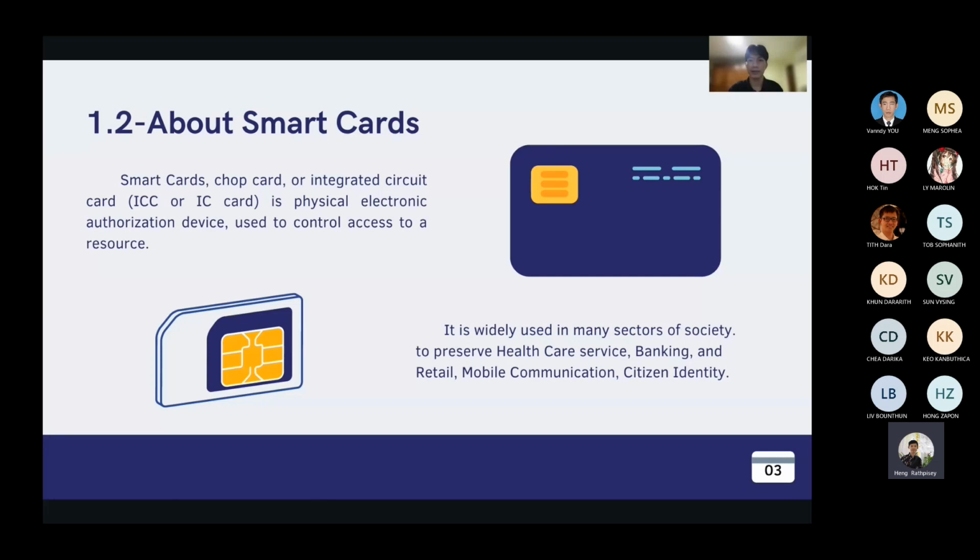It is widely used in many sectors of society, especially healthcare service, banking and retail, mobile communication, and also citizen identity. As we can see in the picture, the bigger one is the card in the form of a credit card, and the smaller one is a card in the form of the SIM card that we use nowadays.